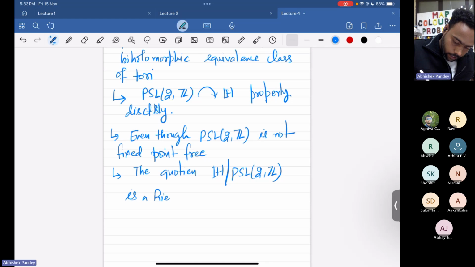It's just that we will have the branching at those fixed points.